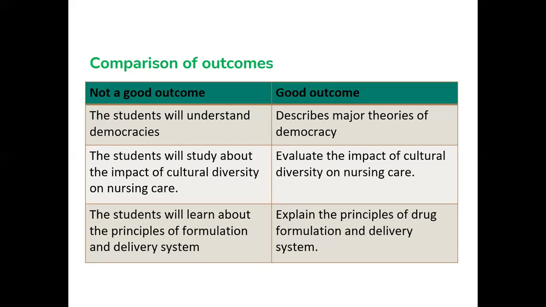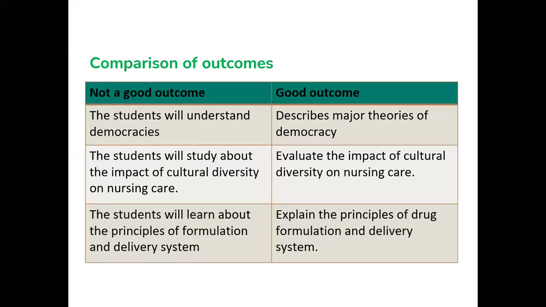Again, the student will learn about the principles of drug formulation and delivery system. In other words, we can have a good outcome like this: the student will be able to explain the principles of drug formulation and delivery system. So these are examples of good outcomes.